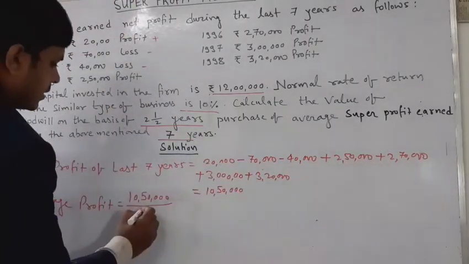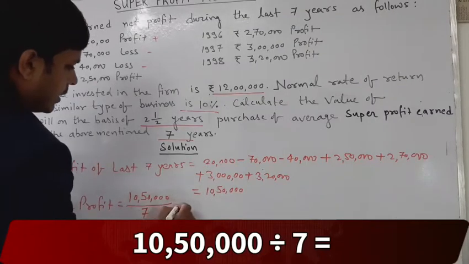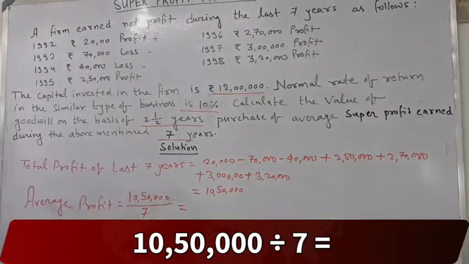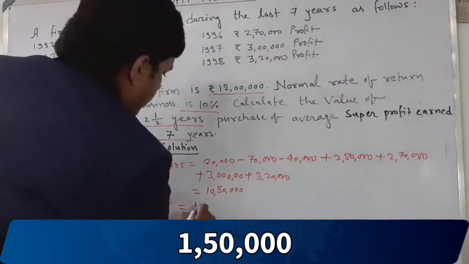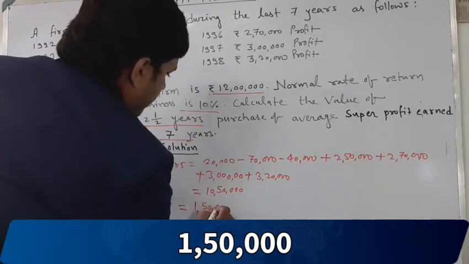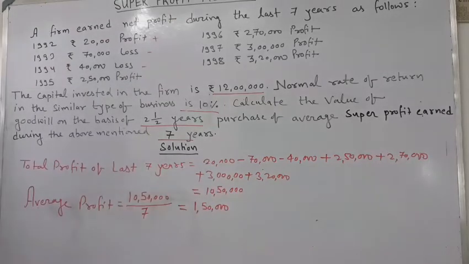Divided by 7 is 1,50,000. So average profit is equal to 10,50,000 divided by 7, which is 1,50,000. 1,50,000 is your average profit.